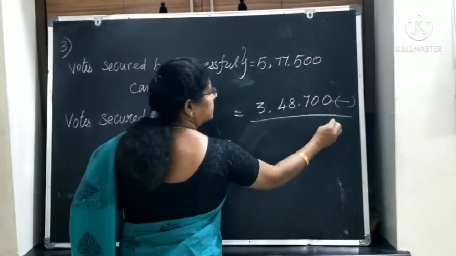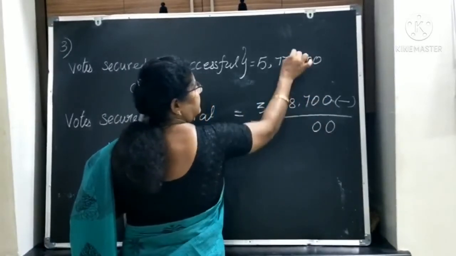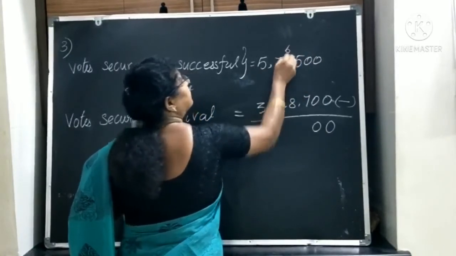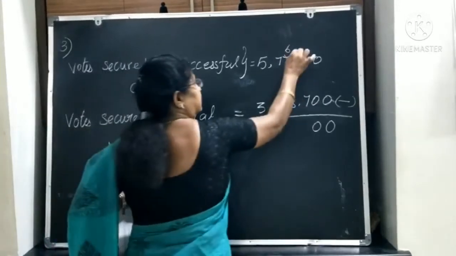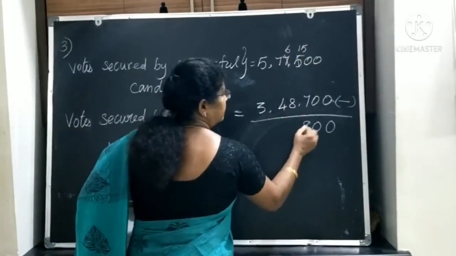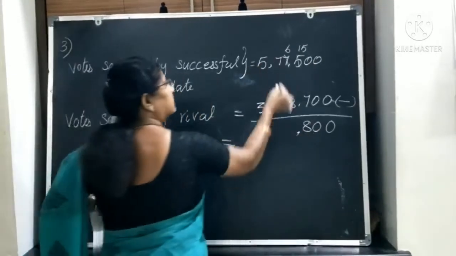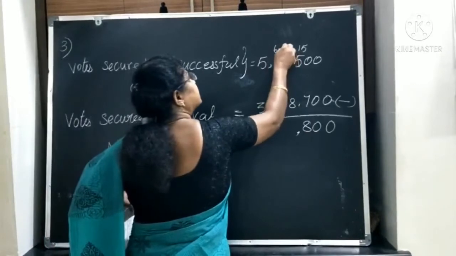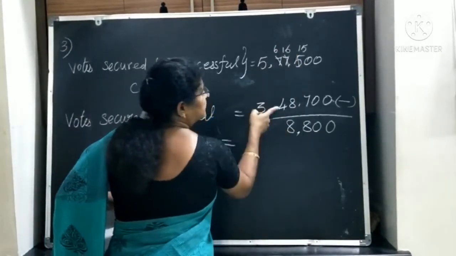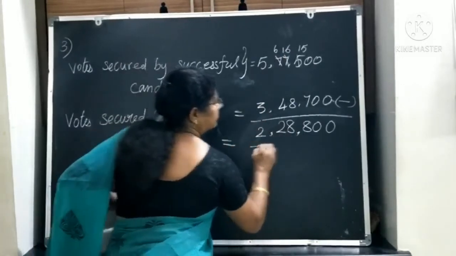Subtract this. 0 minus 0, 0. 0 minus 0, 0. 5 minus 7, borrow. Borrow from the previous digit, 6. It becomes 15. 15 minus 7, 8. Next is 6 minus 8, we can't, so borrow. Here 6 becomes 16. 16 minus 8, 8. 6 minus 4, 2. 5 minus 3, 2.